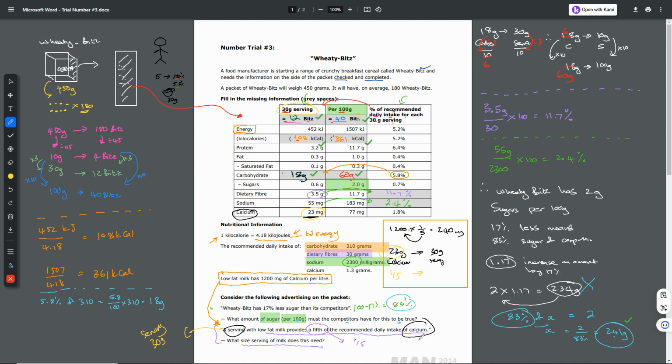Daily intake of calcium. So it says, what size serving of milk does this need? Reading the question a few times, you can see a serving with low-fat milk provides 1/5 of the recommended daily intake. Okay, good to know. Now it says, what size serving of milk does this need? Low-fat milk has 1,200 milligrams of calcium.